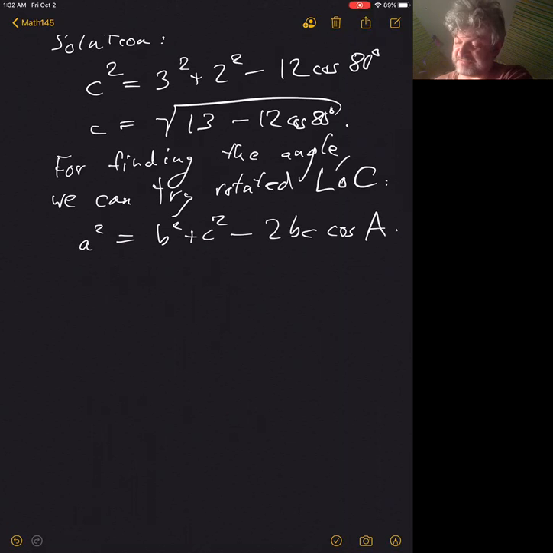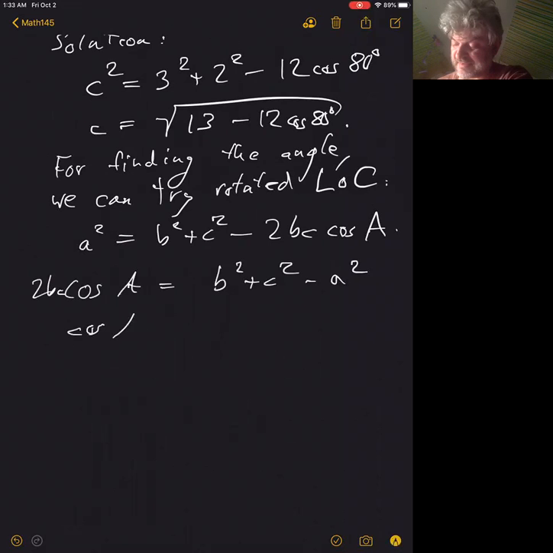and we will be able to solve that for cosine of A. Should we actually solve it symbolically? That's probably a good idea. So cosine of A times 2bc, let's go slow, is equal to b squared plus c squared minus a squared. We divide by 2bc and get a formula for the cosine of A: b squared plus c squared minus a squared, divided by 2bc.